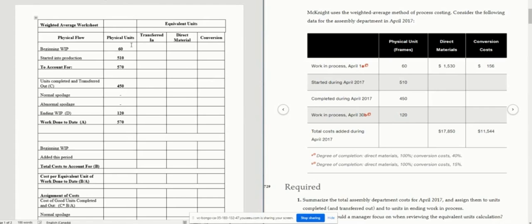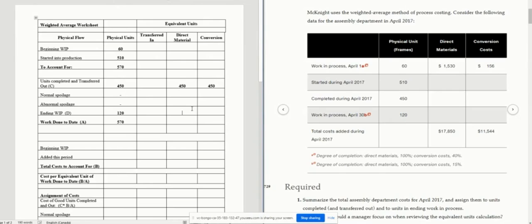Now, in terms of categories of inputs, we only have two categories: direct materials and conversion. So needless to say, we're not going to ship out anything unless it has all of the materials and all of the processing costs associated with it. Otherwise, they would not be ready to be shipped out.